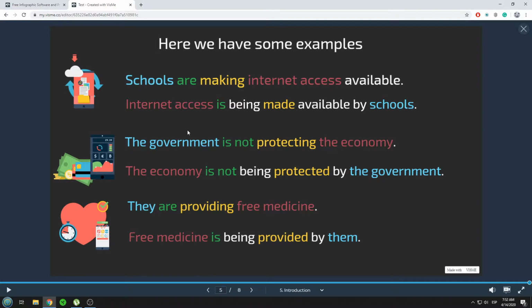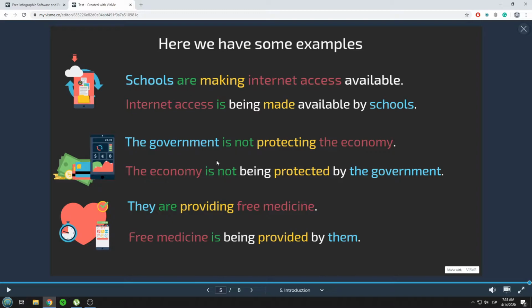The next example is the government. Once again, this is the active sentence. The government is the subject, is is the verb to be, protecting is the verb in ing, and the economy is the object. Remember, this is present continuous. In my passive sentence, the object becomes the subject, and then I just follow the formula.